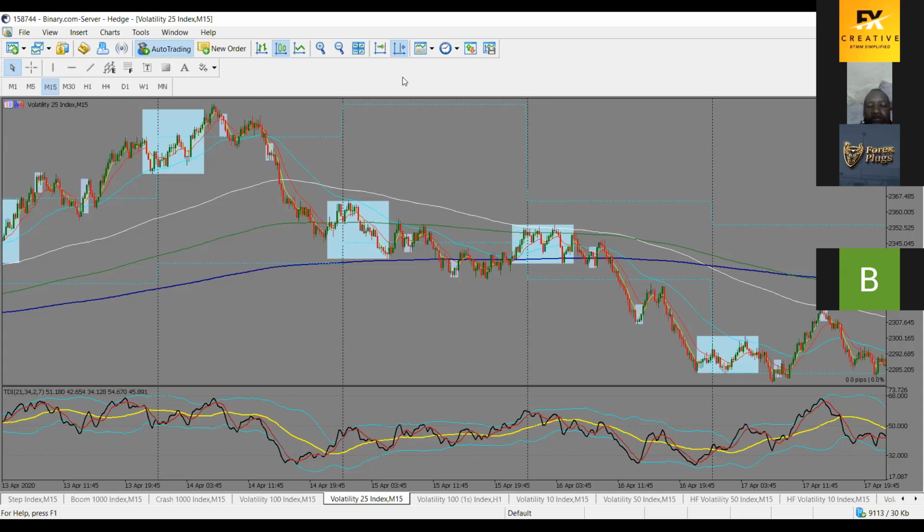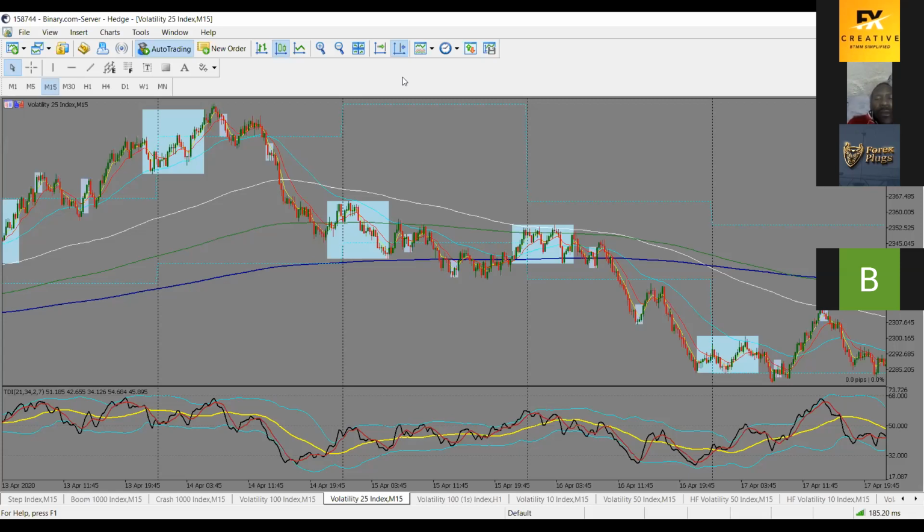Like I said earlier, the dealer sometimes might decide to form the pattern even in the New York session, but it doesn't change the name from London to New York pattern. It's still a London pattern.